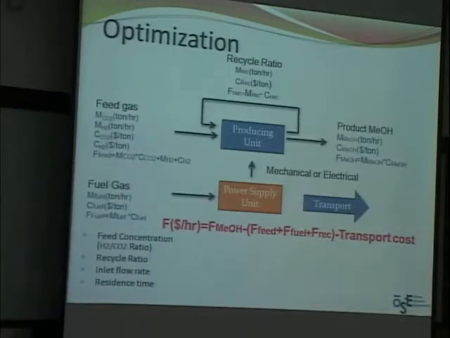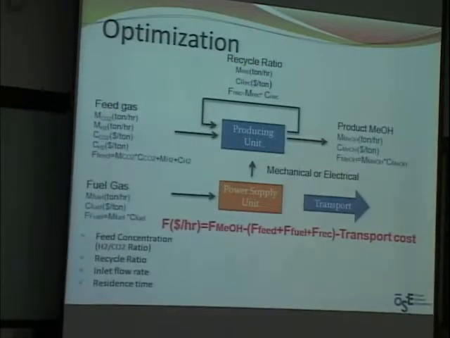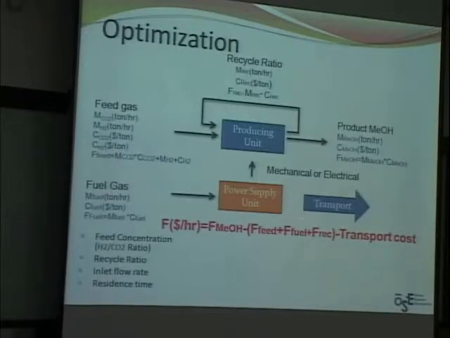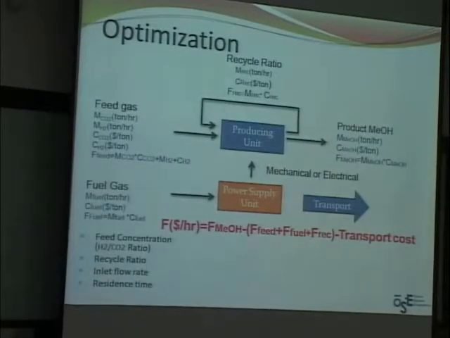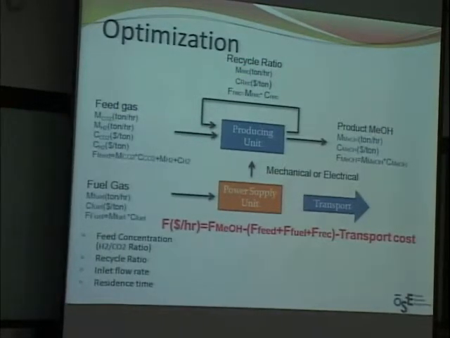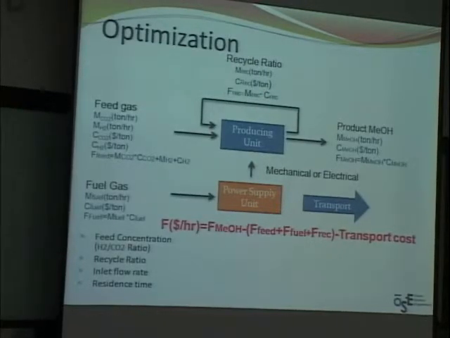And then the final program is to find the minimum operating cost for this program. As you know, with the chemical engineering respect, minimize the operating cost is related to the values of the parameter, such as the feed concentration ratio.